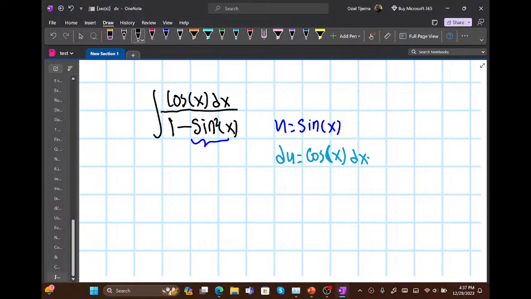Anyways, so now it's going to be the integral of, and so the cosine of x dx is going to be my du. So I'm just going to rewrite it here. This is going to go in for this.